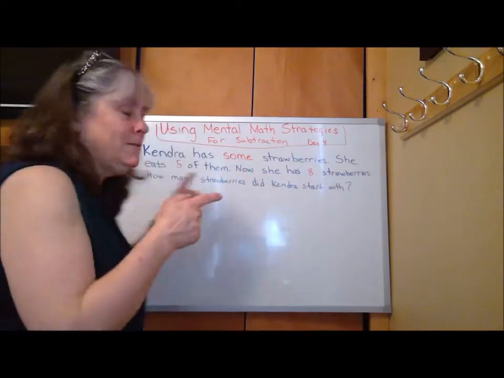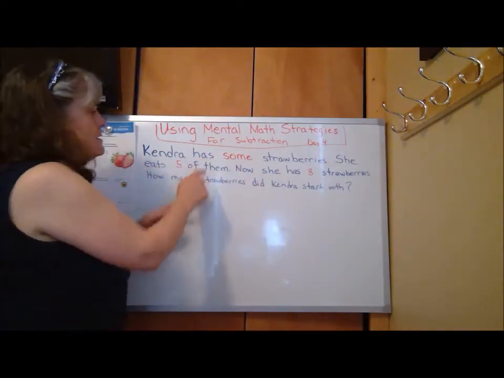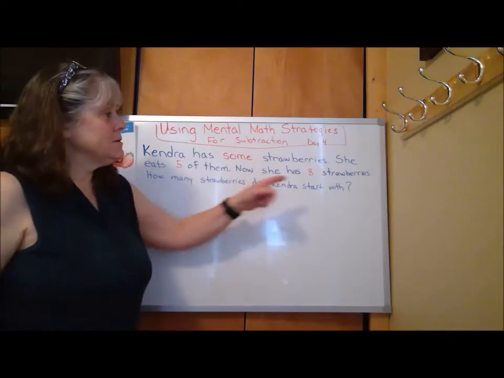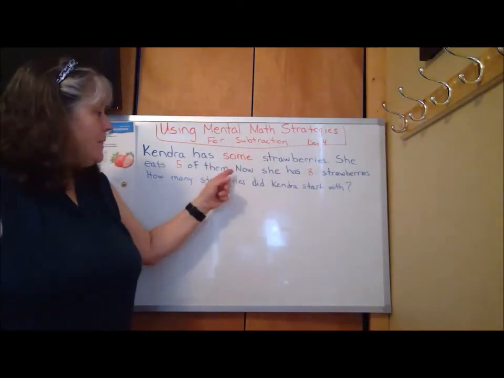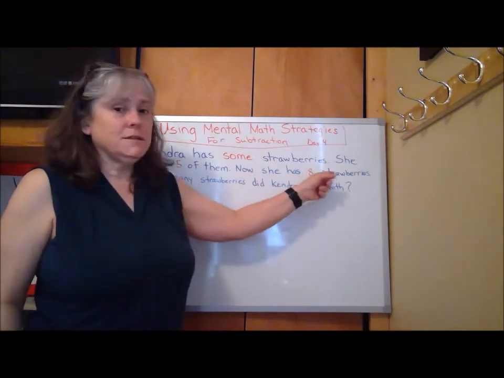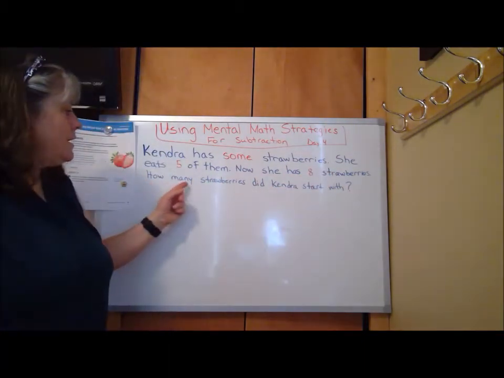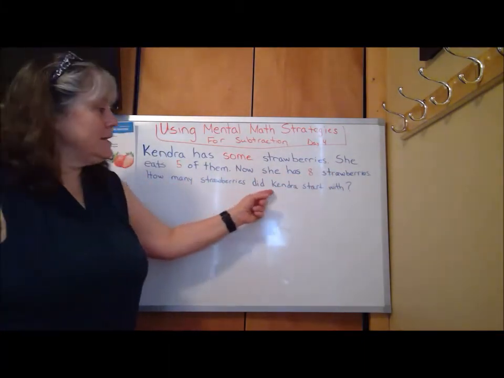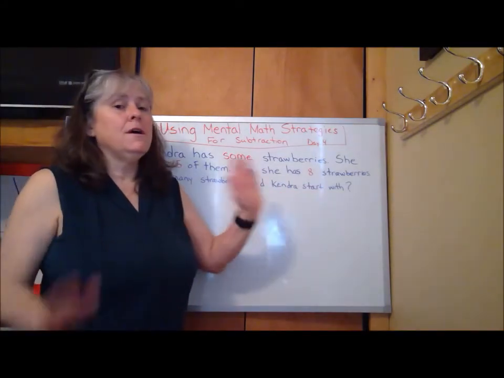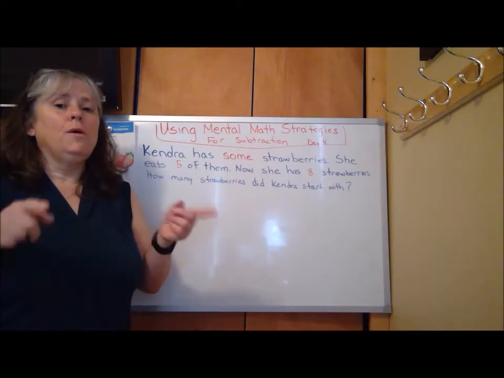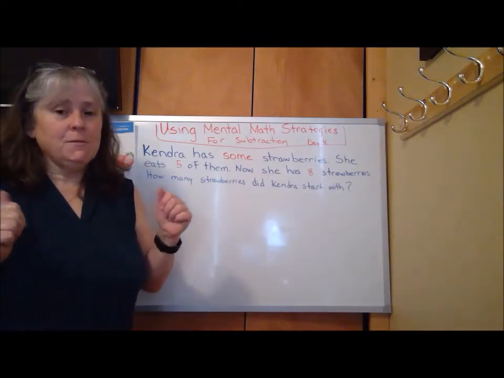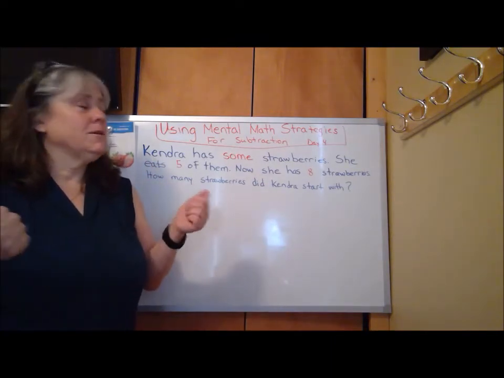All right, let's go back and read. Kendra has some strawberries. She eats 5 of them. Now she has 8 strawberries. How many strawberries did Kendra start with? All right, so what are we talking about? We're talking about strawberries, which I wish I had in my refrigerator right now because I love strawberries, but I don't.